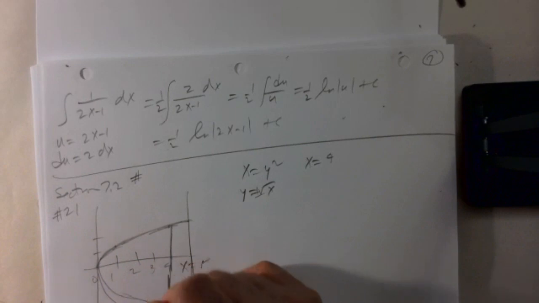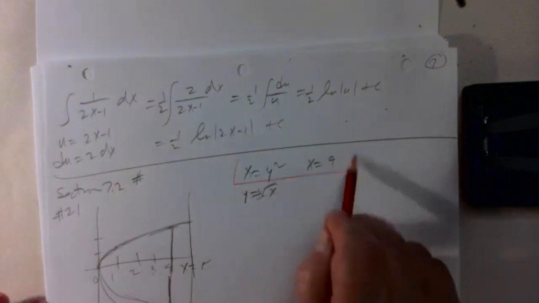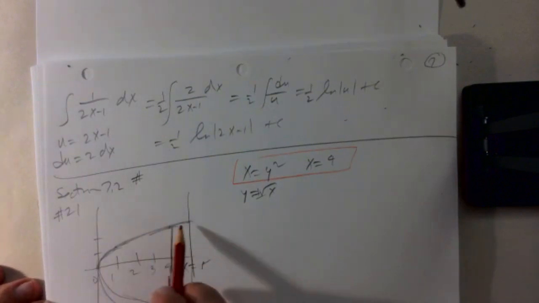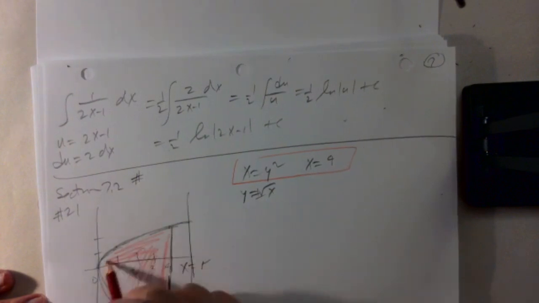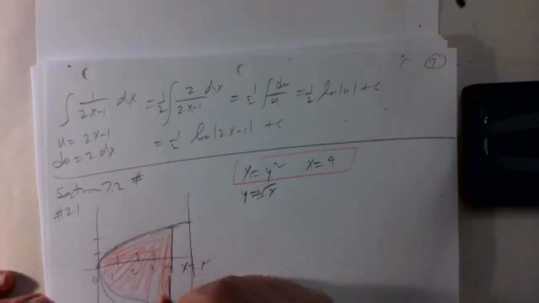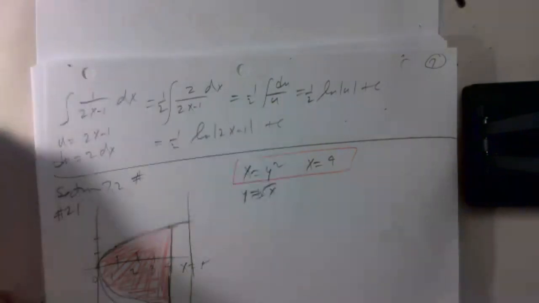Here is the line x equals 4, and this is the line x equals 5. So the region we're looking at is bounded by the vertical line x equals 4 and this parabola x equals y squared.